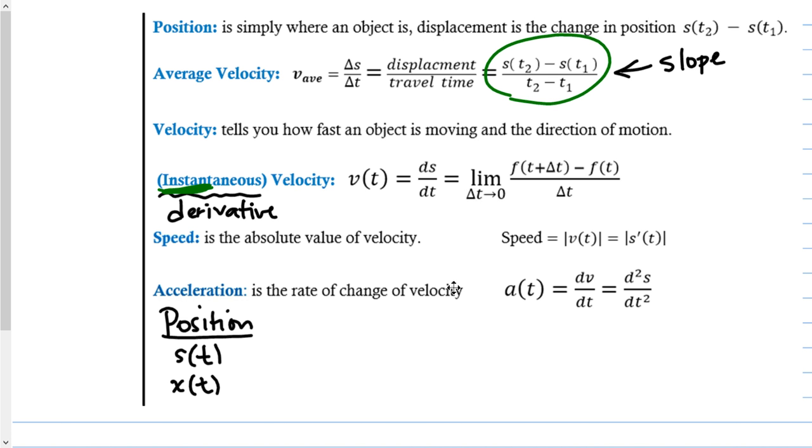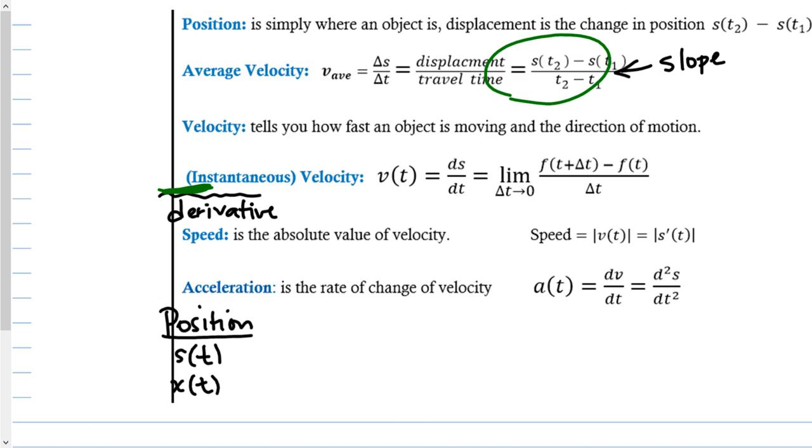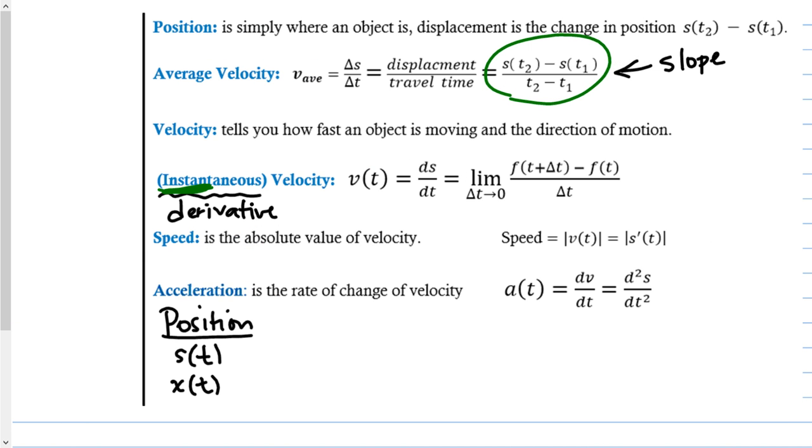All right, speed is just the velocity, but the absolute value of it. And then acceleration is the rate of change of velocity. So this is the rate of change. Acceleration is the rate of change of the rate of change.